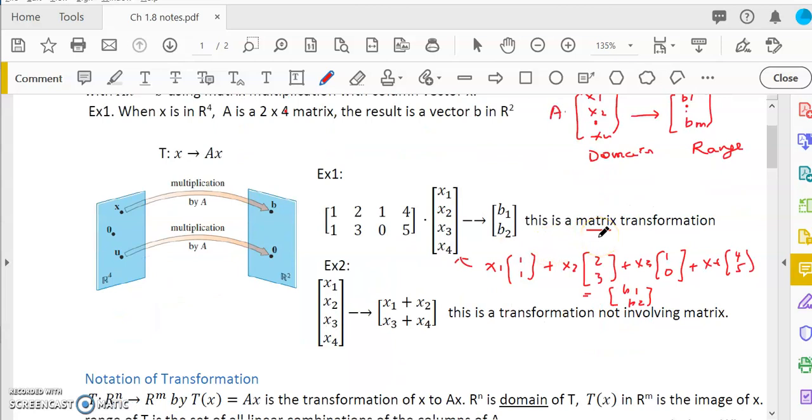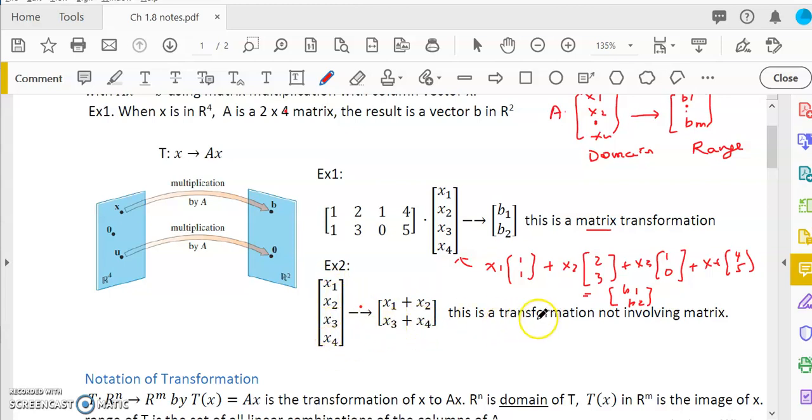But a transformation can just be a rule, right? So this is a matrix transformation, but in this example, I am not using a matrix. I would just have a vector and I map it to a column vector of 2 by saying, just add these two together, x1 plus x2, then just add these two together for the second one.